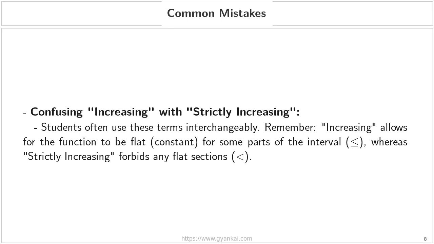Remember that an increasing function allows for the graph to be flat or constant for some parts of the interval, which is why we use the less than or equal to sign when comparing the function of x1 to the function of x2. In contrast, a strictly increasing function forbids any flat sections. The output must always rise, meaning the function of x1 must be strictly less than the function of x2.